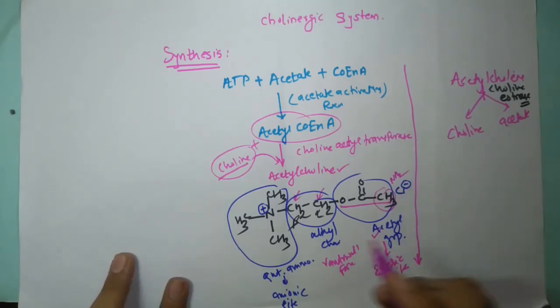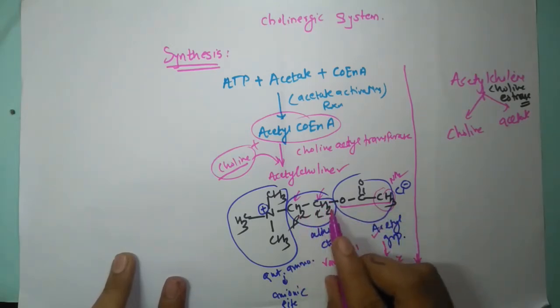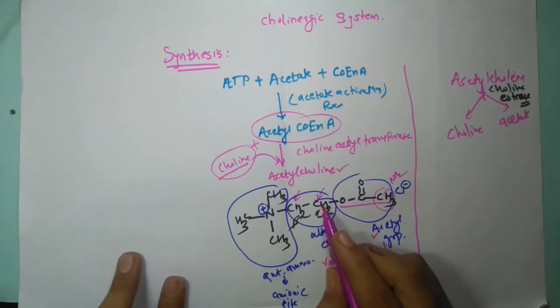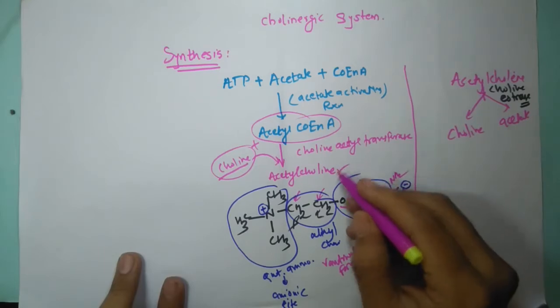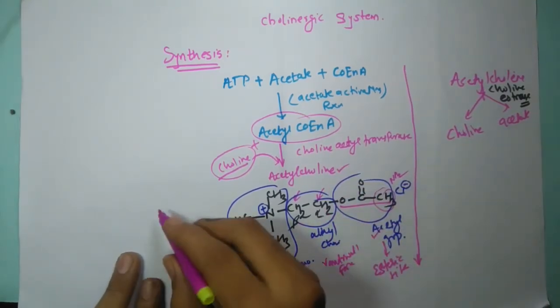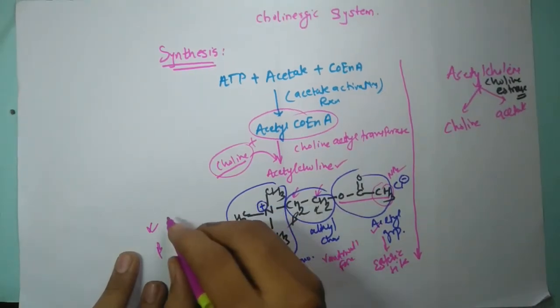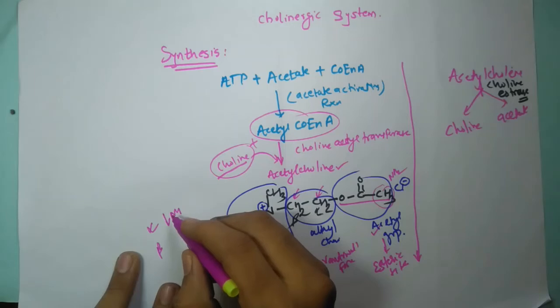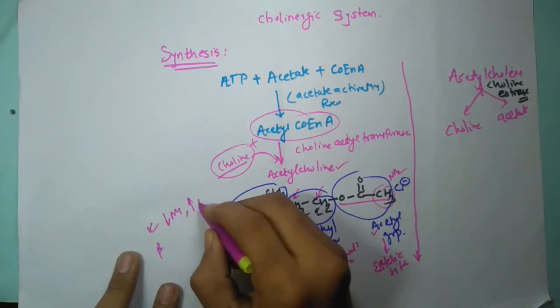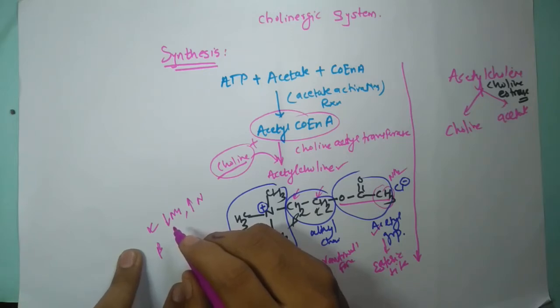So we will see what happens when we change the substituent on the CH2. If we substitute on the alpha carbon, there is a decrease in muscarinic activity but an increase in nicotinic activity. What is muscarinic and nicotinic activity?